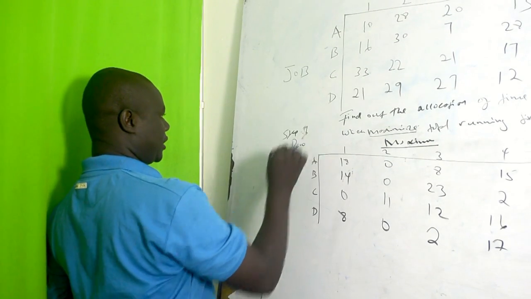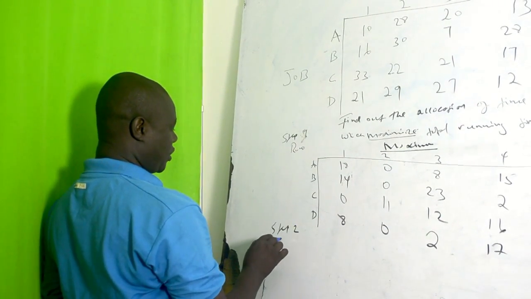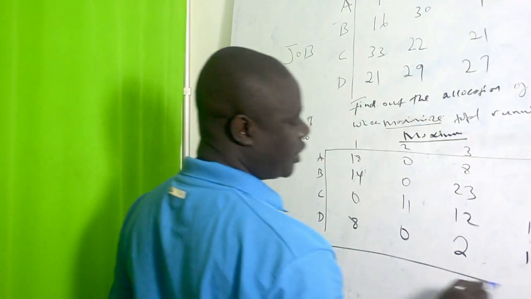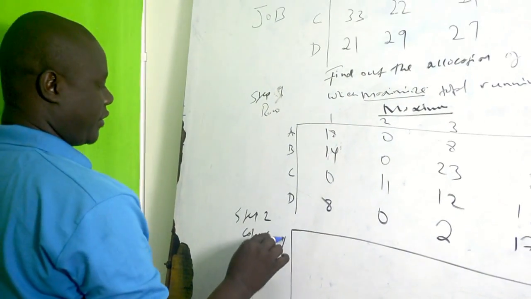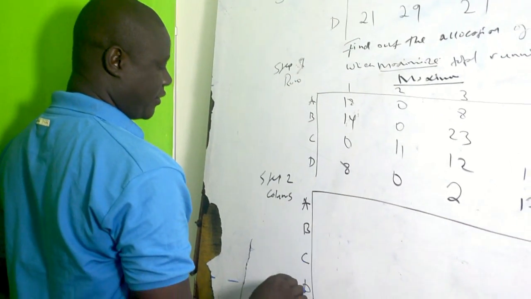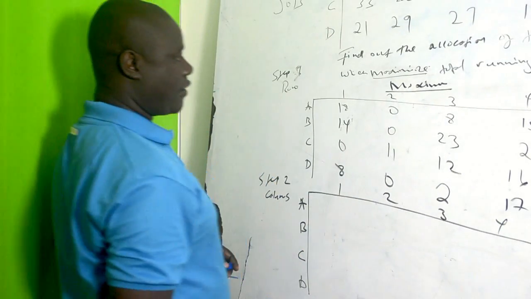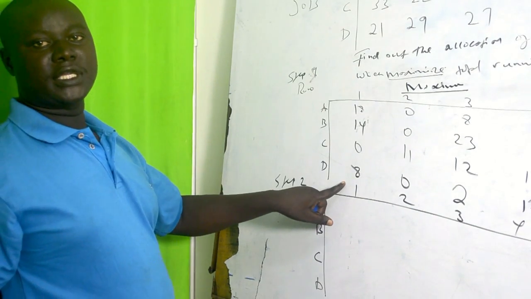Step 2. We look at the columns, and we are going to look at the columns without 0. So we have A, B, C, and D, and we have 1, 2, 3, 4. Now, this one we don't have a problem with because it has 0.